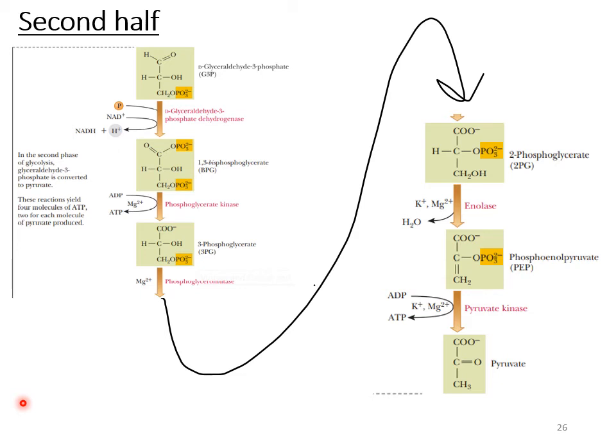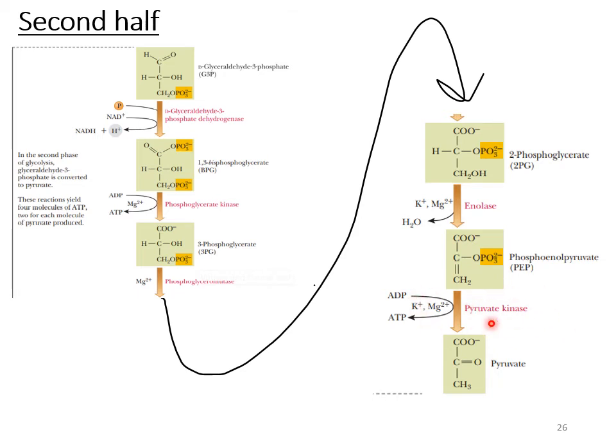And again, what I also want you to notice is that each step in these reactions has its own unique enzyme. That's important to note, because when you want to control the steps or control a pathway like glycolysis, a lot of times it's about targeting the individual enzymes.